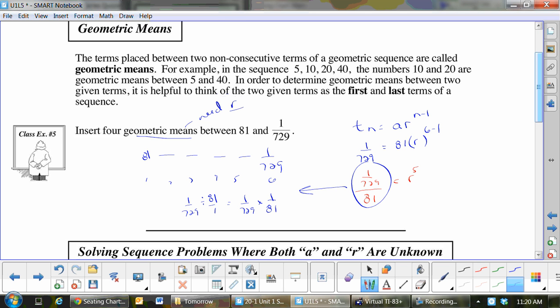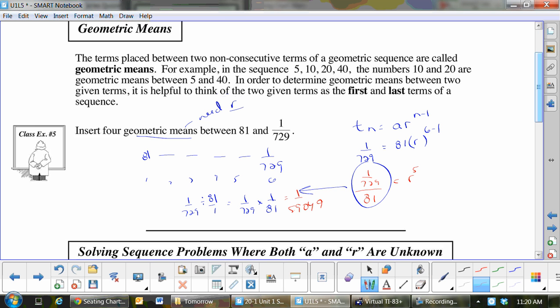You always multiply by the reciprocal. Do not reciprocate the first one. You always multiply by the reciprocal. Now, what is 729 times 81? 59,049. Okay? So that's how you have to do it.